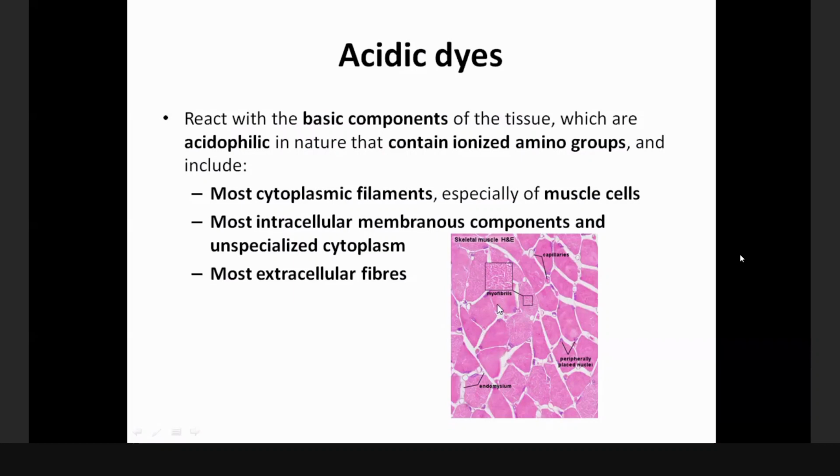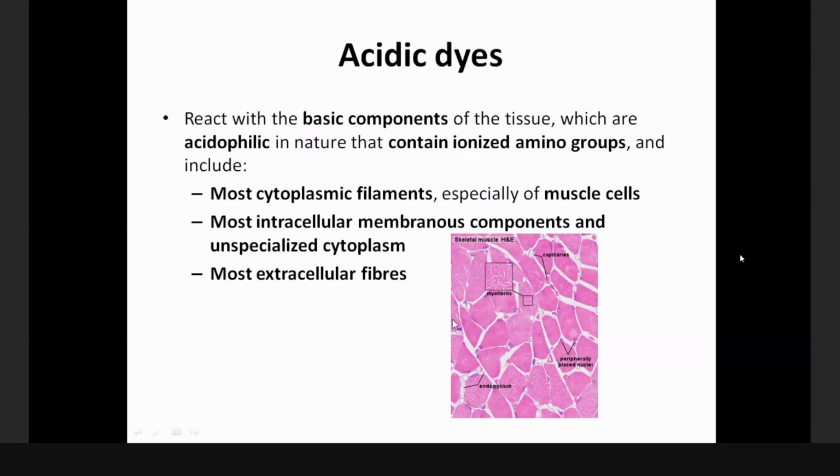Between one cell and another, you have additional tissue components, additional structures like blood vessels, like loose connective tissue, which are also stained differently because they have different amounts of acidic or basic components. The way they react with the same dye is different.